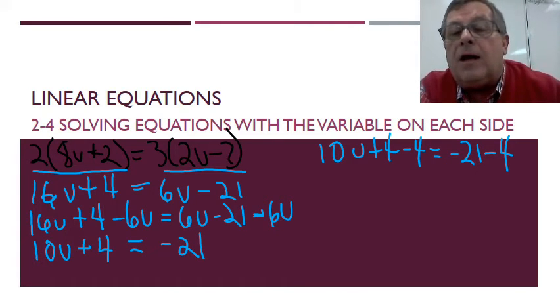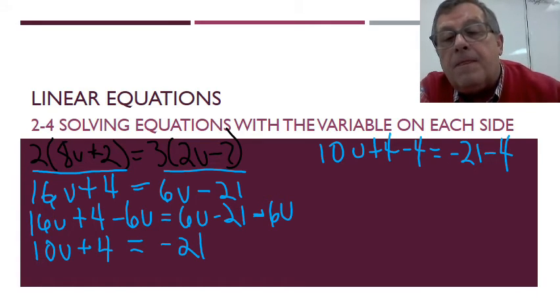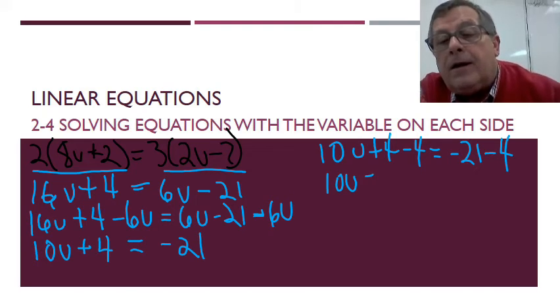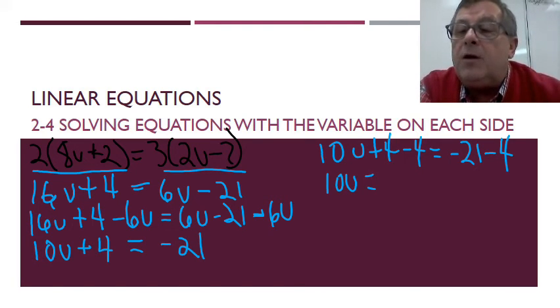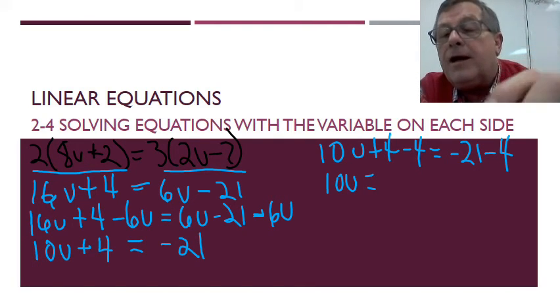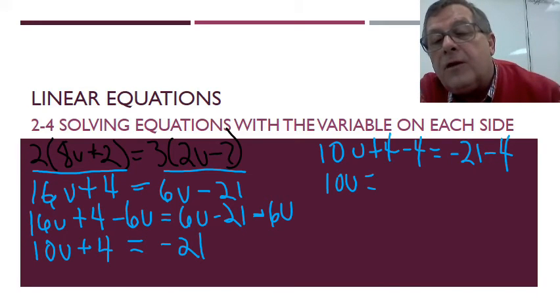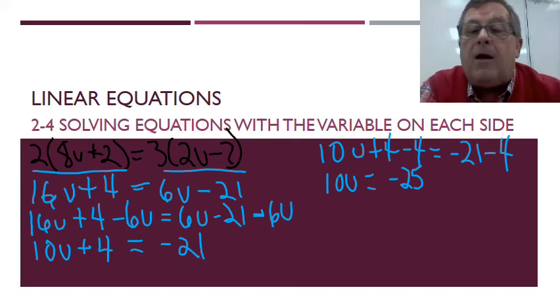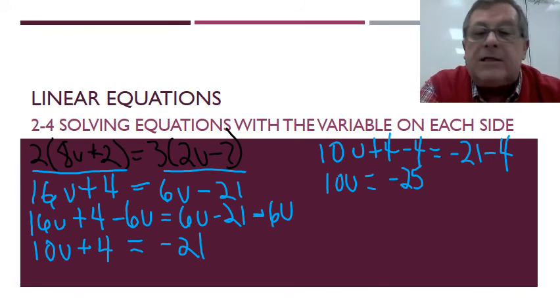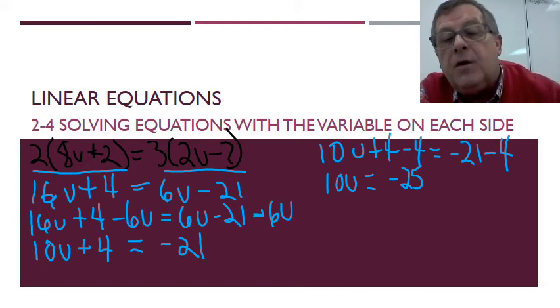Over here on my left-hand side, positive 4 minus 4 is going to give me 0. So I've got 10u equals, and negative 21 minus 4 is going to give me negative 25.